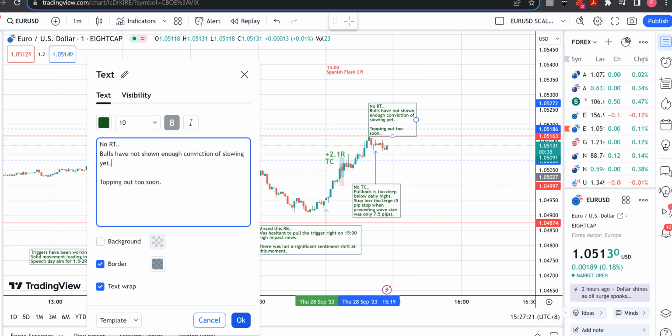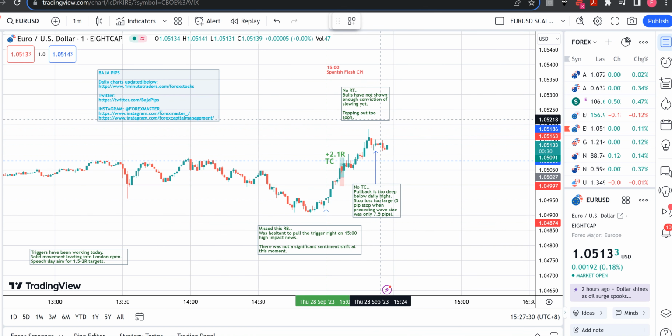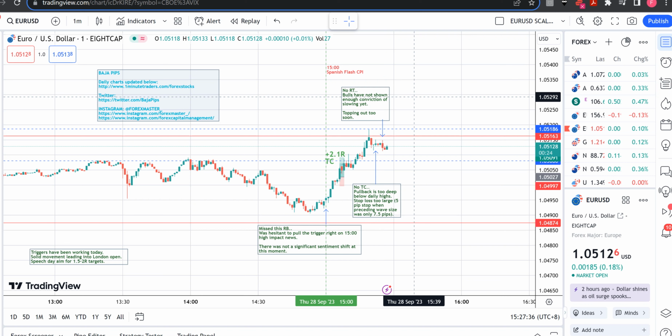Topping out too soon. Move it out the way. I don't like anything in the way. There we go. No RT. Bulls have not shown enough conviction of slowing yet. Topping out too soon.